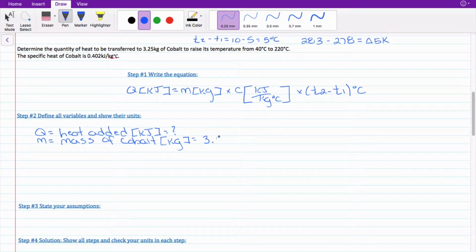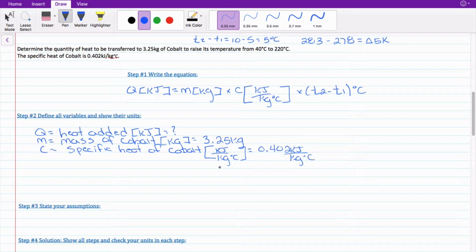That's 3.25 kilograms. C is the specific heat of cobalt, in kilojoules per kilogram Celsius, and they provided us with that: 0.402 kilojoules per kilogram Celsius.